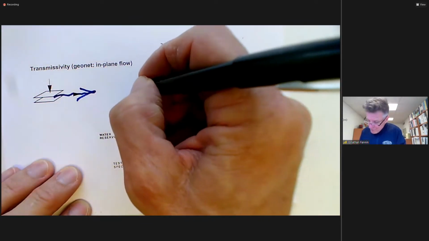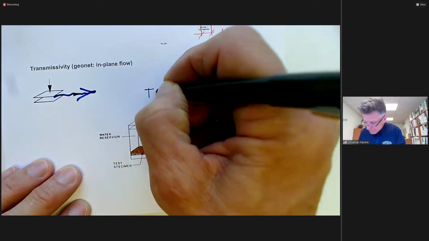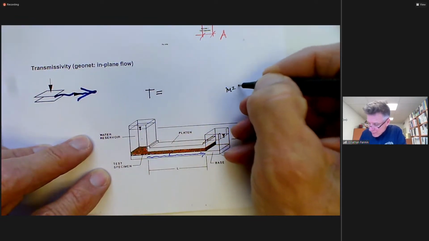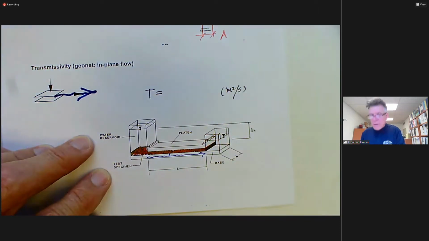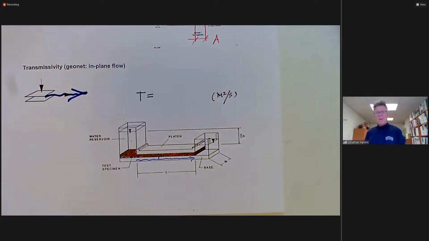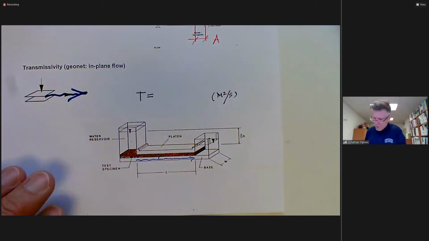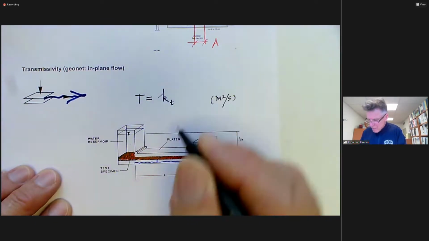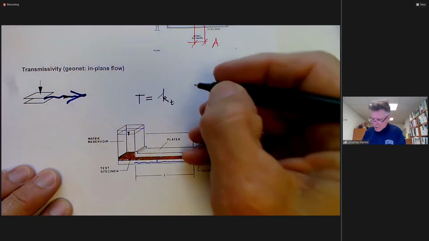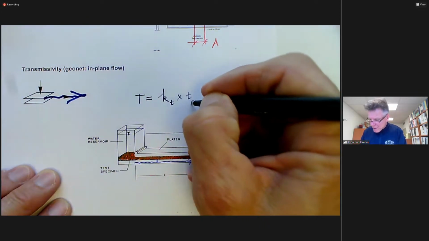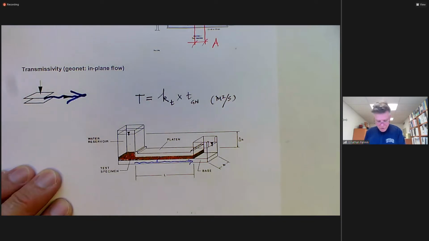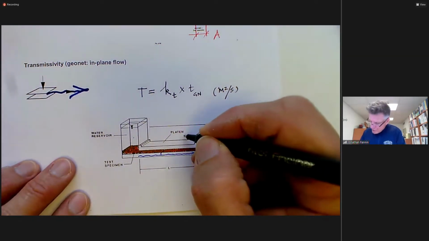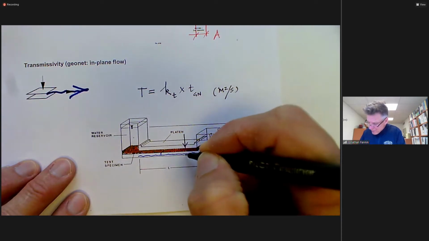And the transmissivity T, it's going to have units that, again, at first you think, wait a second, how does that work? But bear with me. The transmissivity T is equal to the in-plane hydraulic conductivity times the thickness of the geonet. So now let's go in and acknowledge the thickness of the geonet or the test specimen.